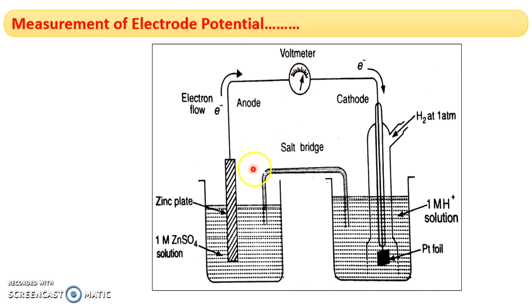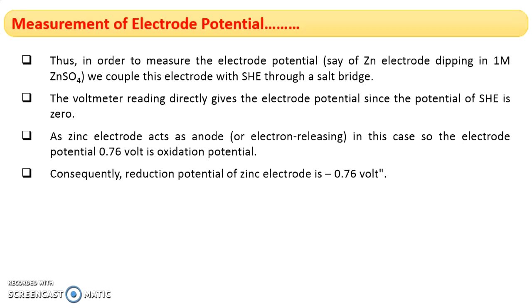The sample electrode taken here is the zinc electrode. So now the voltmeter will give 0.76 volts. It is the potential difference. As the potential of the standard hydrogen electrode is 0, it is the oxidation potential of the sample electrode, as at the sample electrode oxidation is occurring.